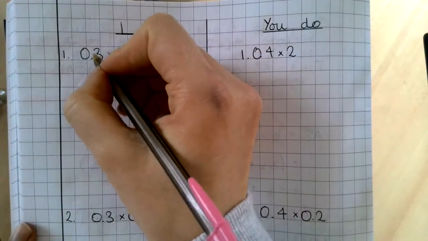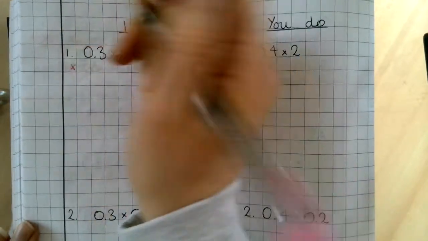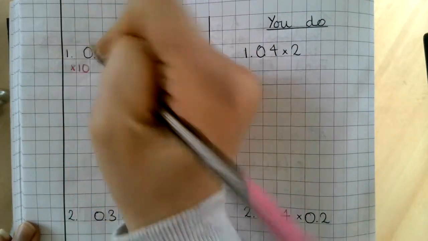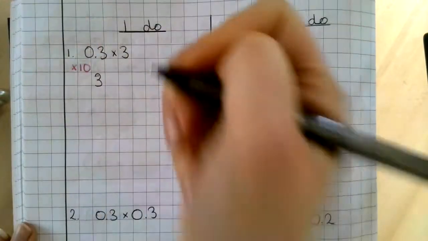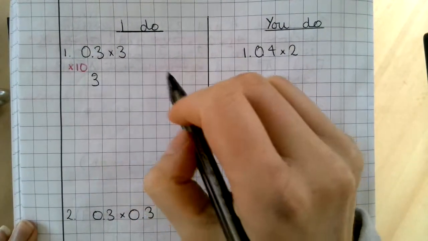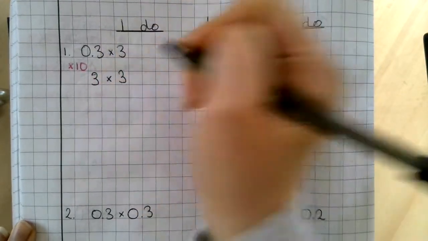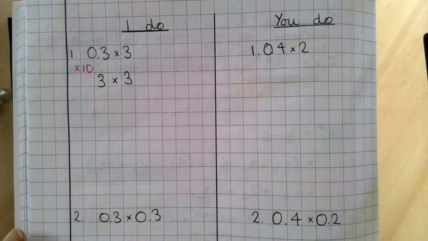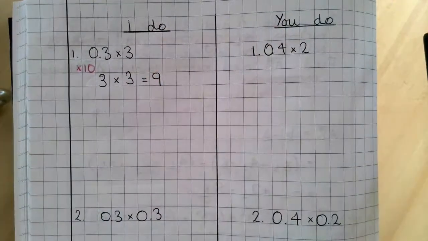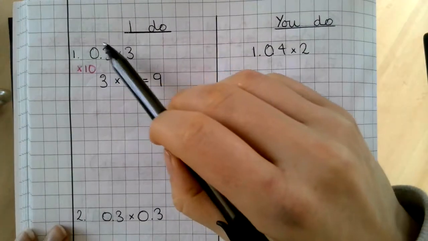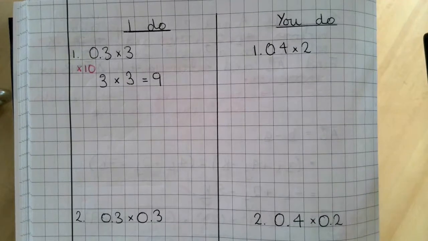So, to make 0.3 a whole number, I can multiply 0.3 by 10, and that becomes 3. So I'm now going to calculate 3 times 3, which is 9. Now at the beginning of my calculation, I multiplied 0.3 by 10.